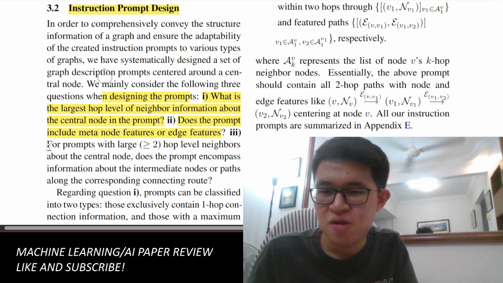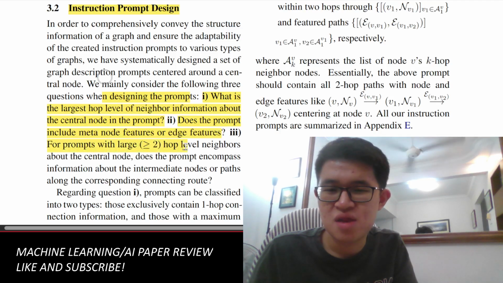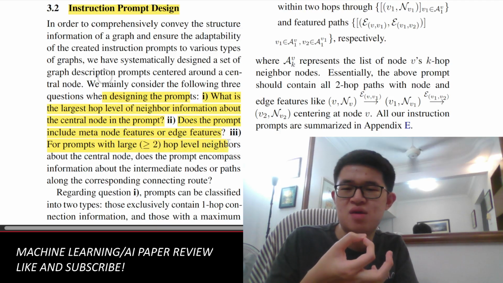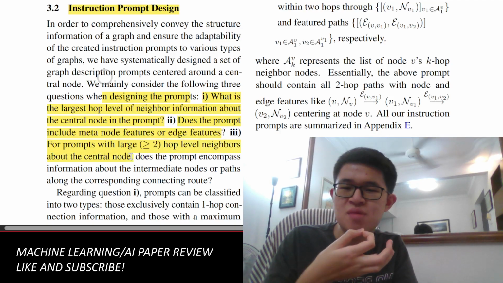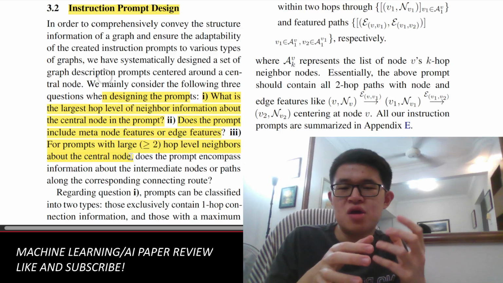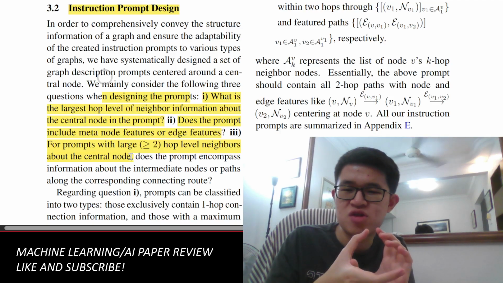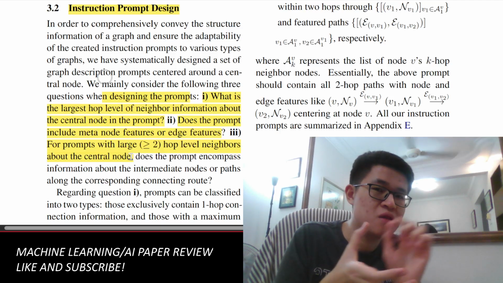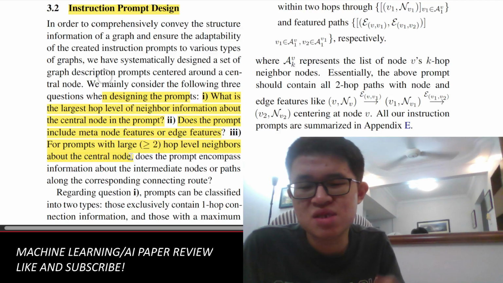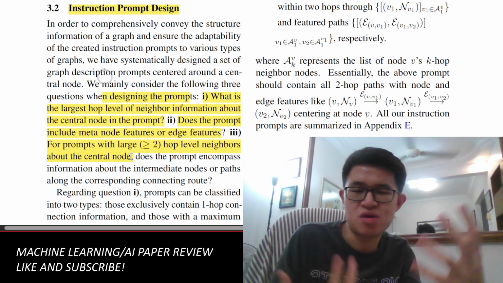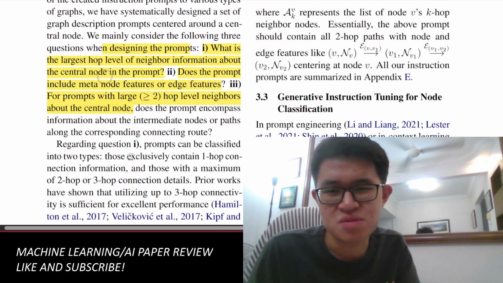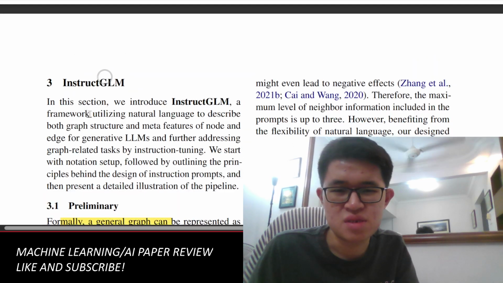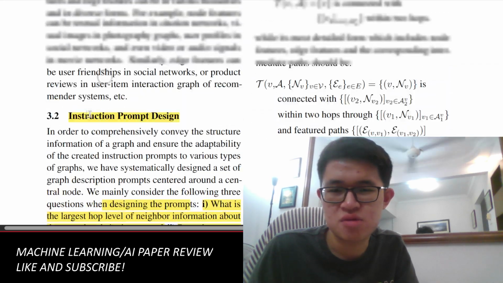And number three, for prompts with two or more hop level neighbors around the center node, does the prompt need to possess the information about the intermediate nodes or the paths leading to the neighbor nodes? Does it require this kind of intricate detail, right?